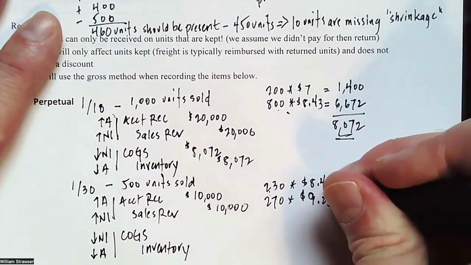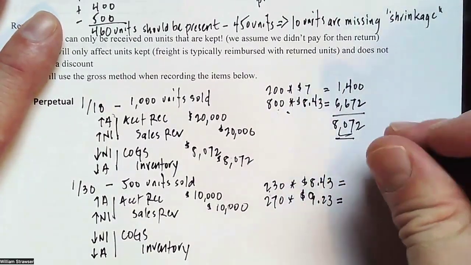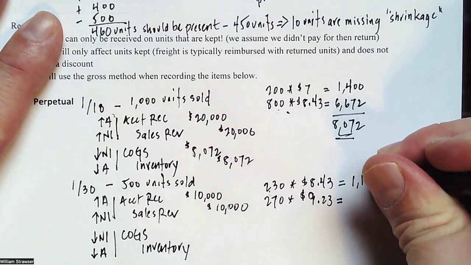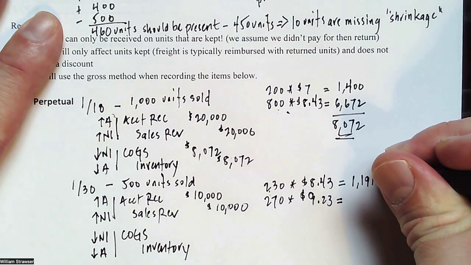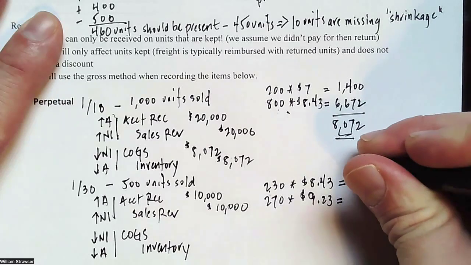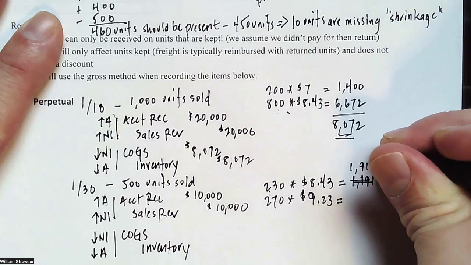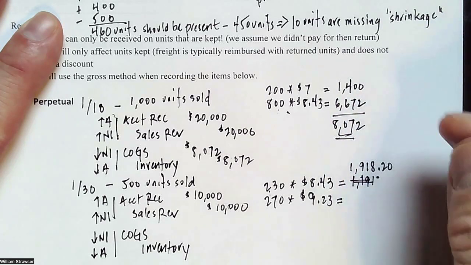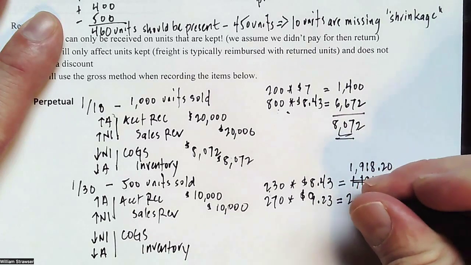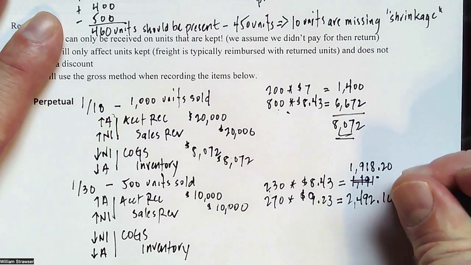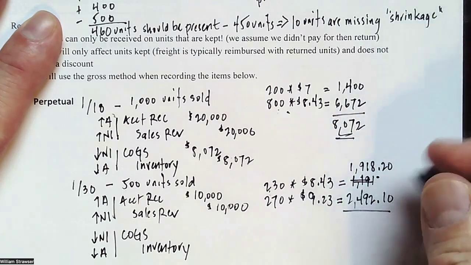Doing the math here, this comes out to $1,918.20, and this one comes out to $2,492.10.